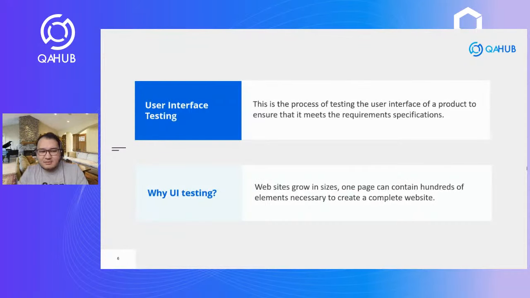Now we're going to talk about what user interface testing is. It's a process of testing where we make sure that the product meets the requirements and specifications. When we're talking about UI testing, besides functionality, we need to remember three important criteria. The first one is usability, because when users interact with our web application or website, they should have easy interaction with our application.